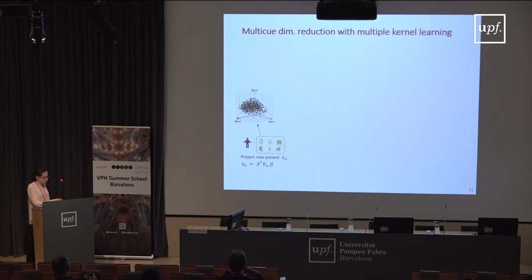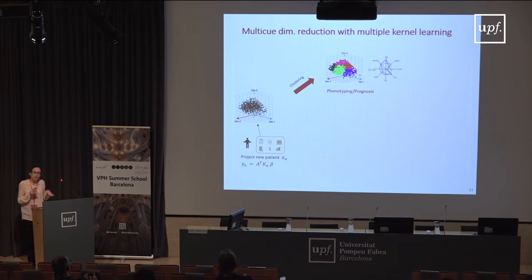And, well, this allows me to do several things. One of the things, because similar individuals are positioned close to each other, is that I can easily find clusters of similar patients. Phenotyping.